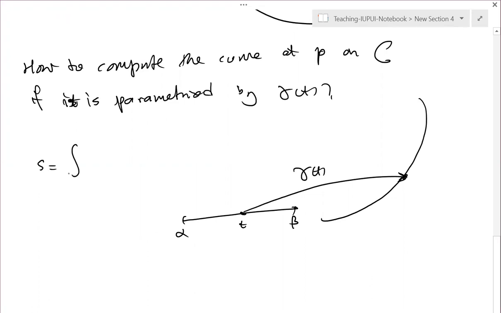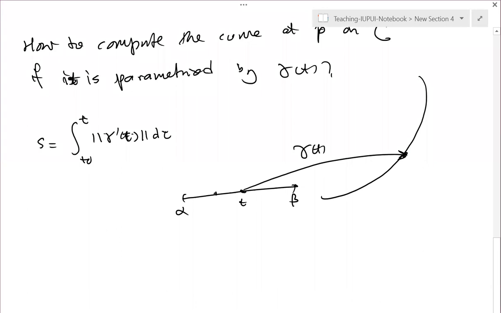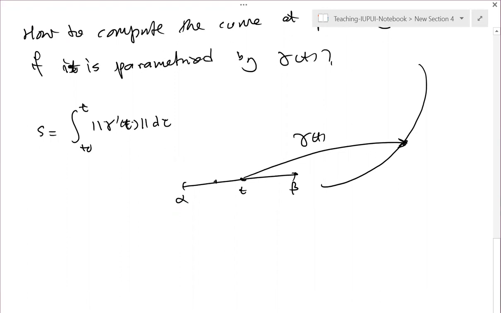Let's try an arbitrary point here, t and t naught. This is arc length, and if you're able to evaluate it and get s of t, then you have to find the inverse.